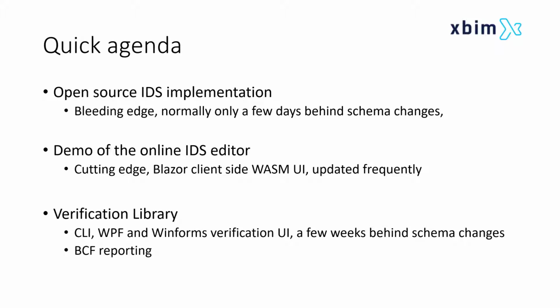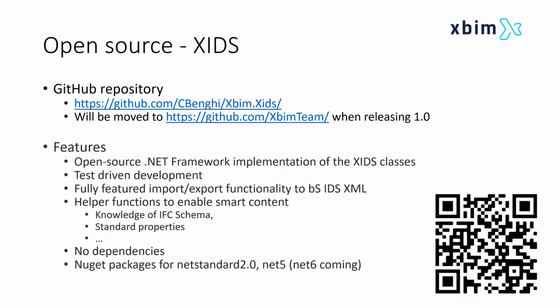And I think an important difference between what you saw before is that we are working on the .NET framework here. So this is not a Python implementation, it's a .NET framework implementation that I'm going to be showing. We are in alpha, as you might imagine, because we are still working on an alpha or beta version of the specifications.